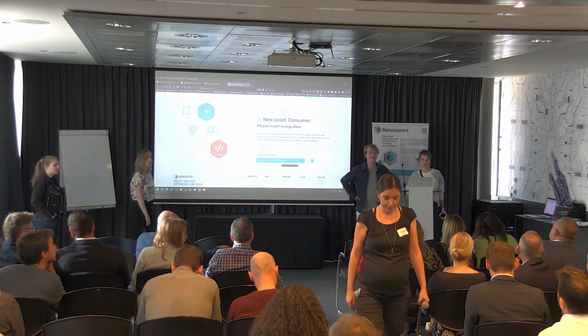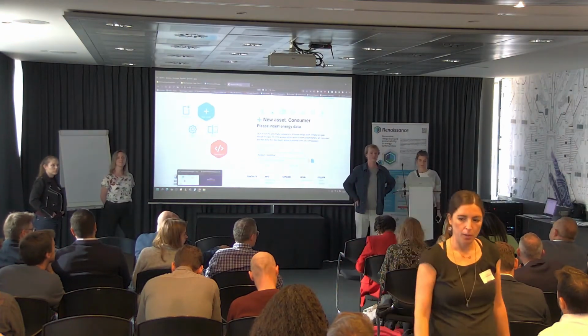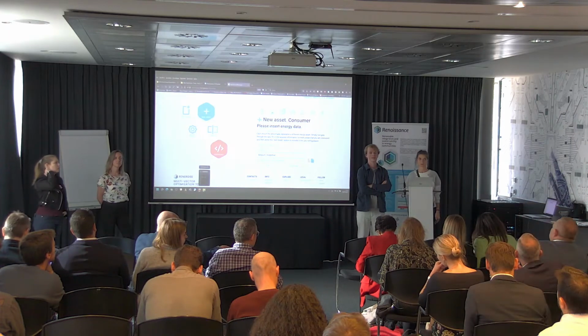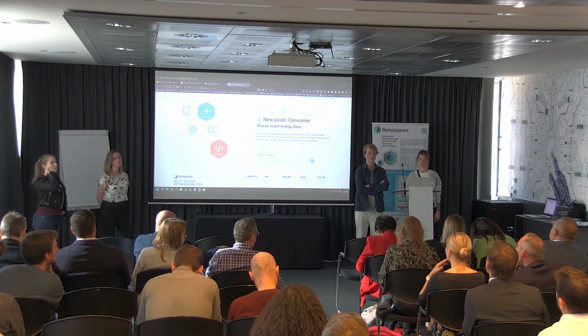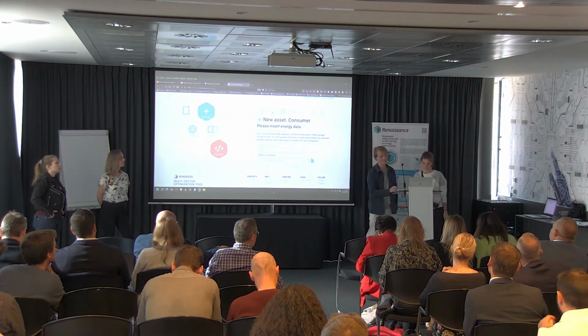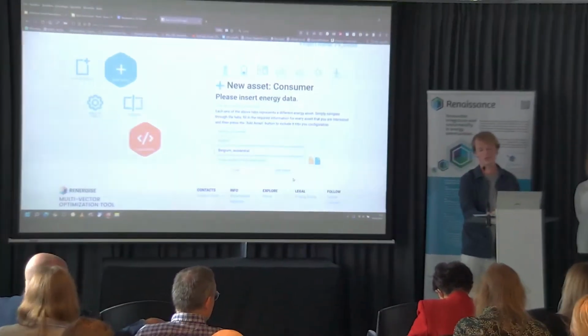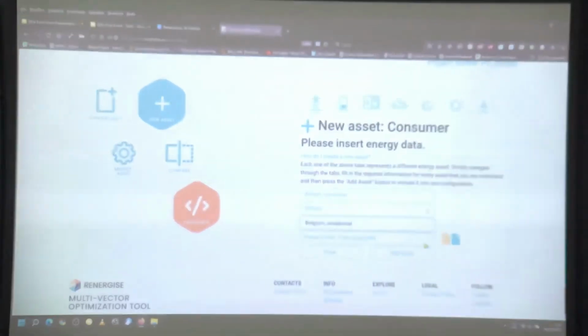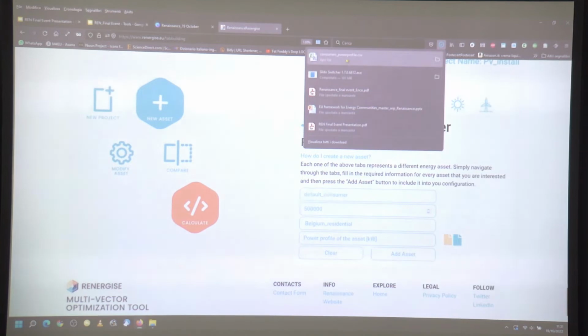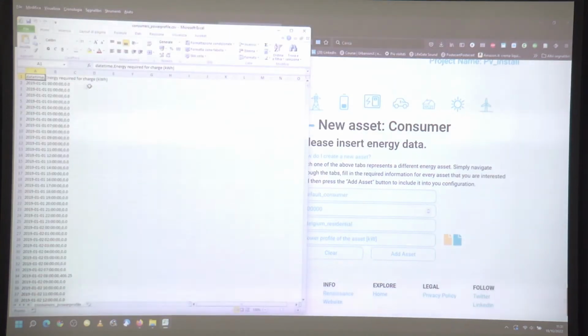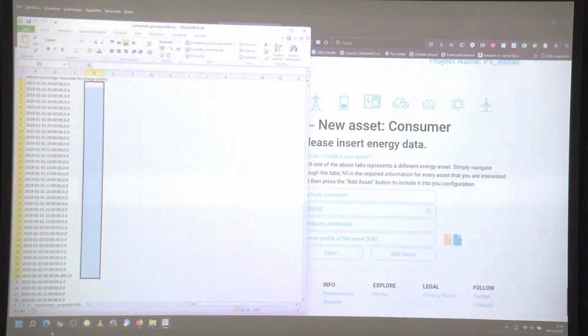Can you also insert specific historical data? If you have, for example, 1 year data records, you can insert a consumption profile, for example. Yes. So this is the option over here. If you click on it, you will receive a template for putting your hourly values for the consumption data and so on. So you can do it, yeah.